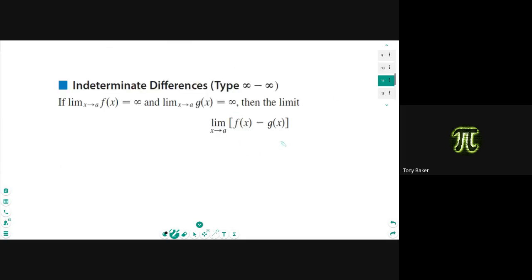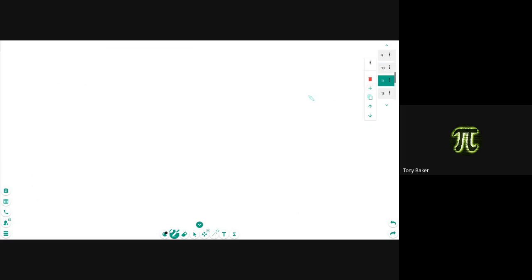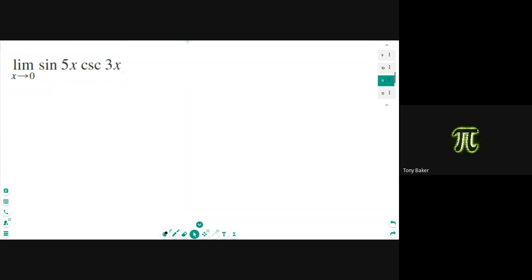All right. Let's do another one of those. Let's do another multiplication. Try this one.